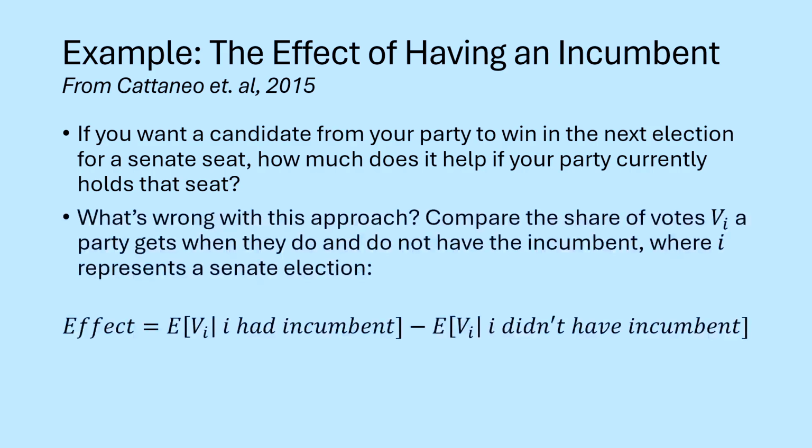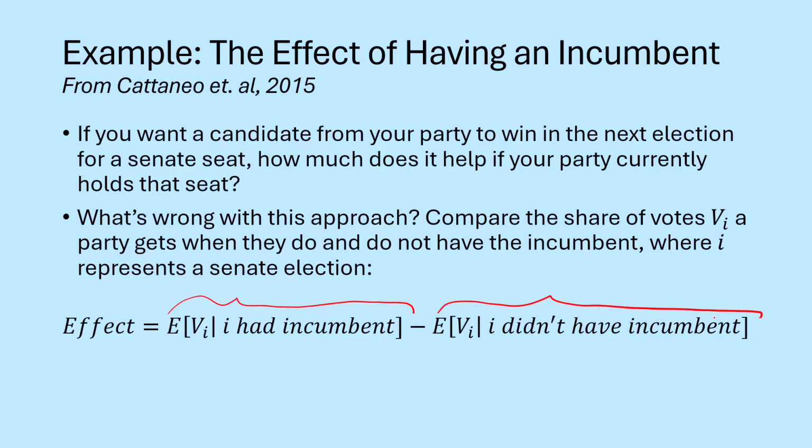From what we talked about earlier, you should be able to see what's wrong with this approach right here. If I compare the share of votes a party gets when they do and do not have an incumbent, where every individual i represents a different election, I could try and find this treatment effect by taking the expectation in voting shares where the party had the incumbent and the expectation in voting shares where the party did not have the incumbent.